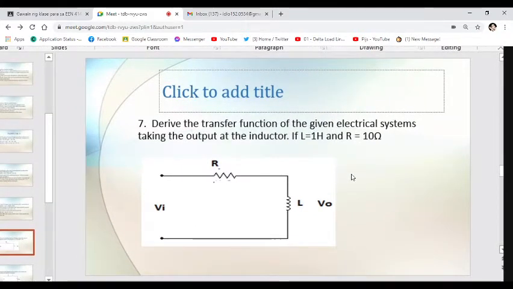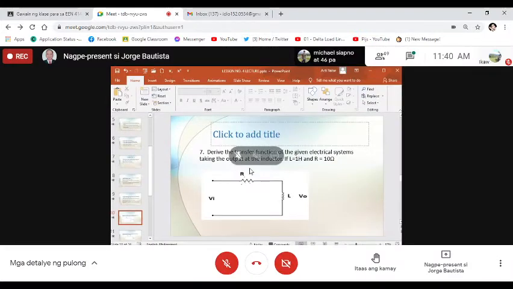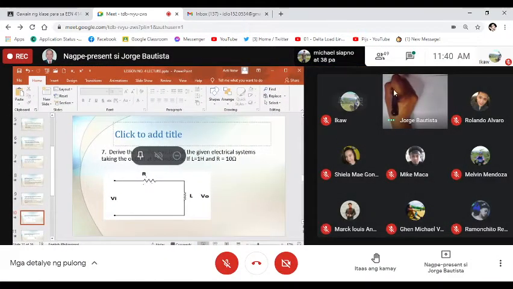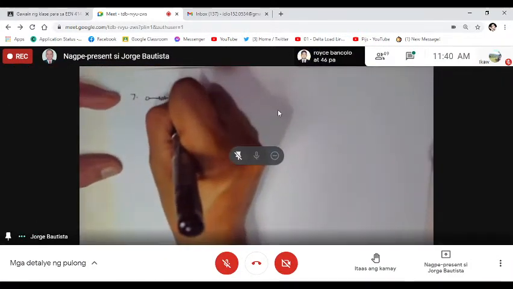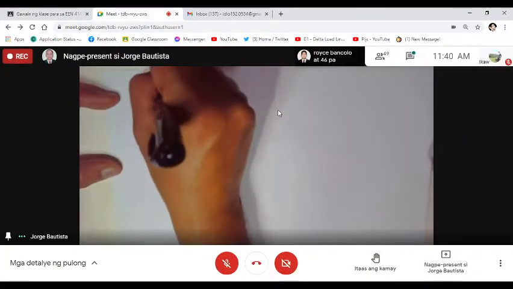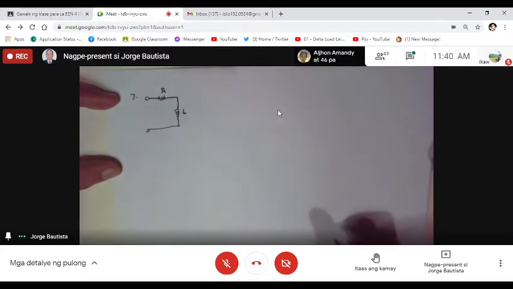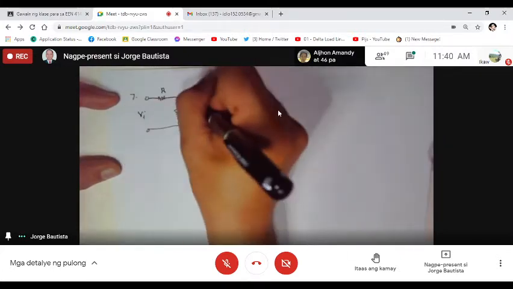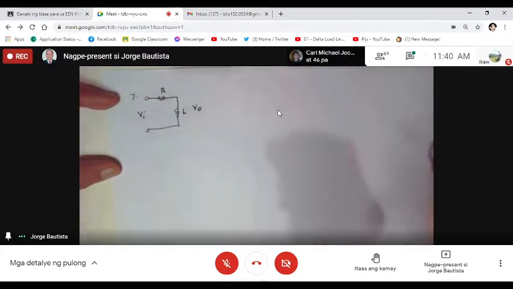Sulat ko lang, drawing lang natin, number 7. So we have R, then you have L. Okay, so ito yung L natin, ito yung R. Okay, so ito yung input, nandito yung output.